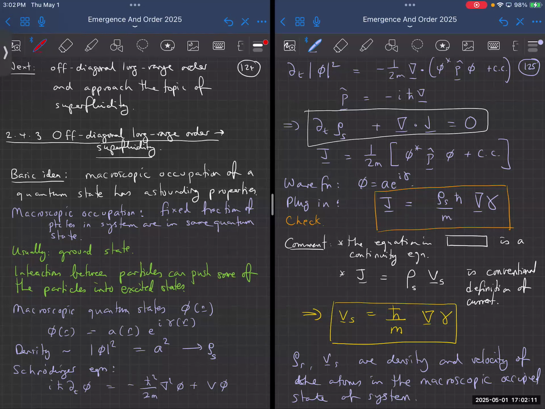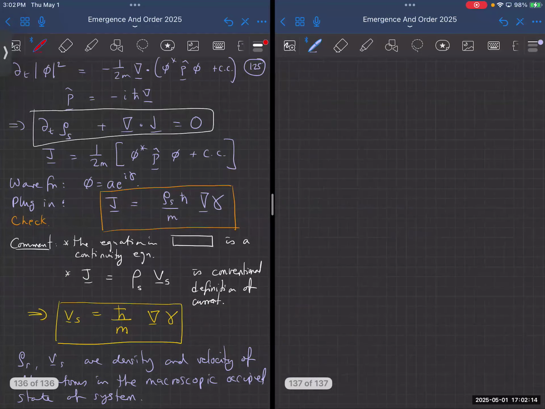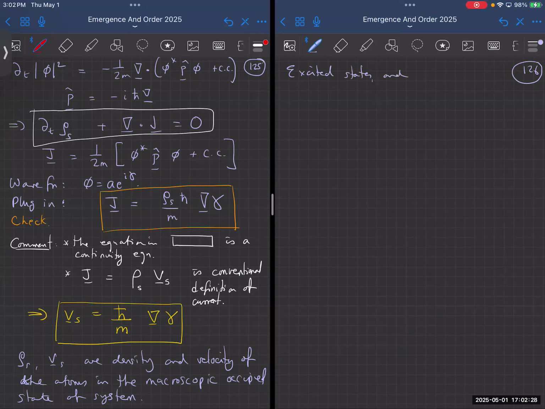Let's say the ground state. So that wave function describes those particles. There are also excited states and particles associated with those, and they're not described by this formula.